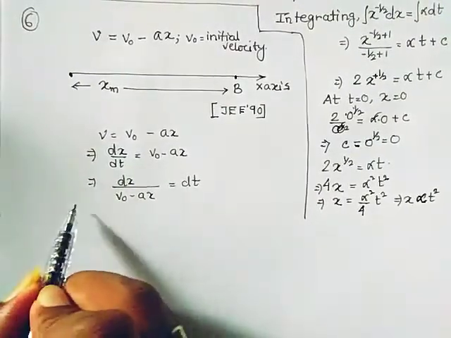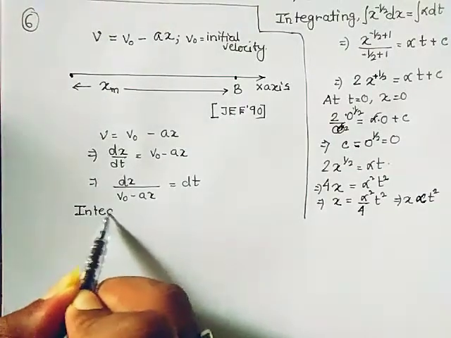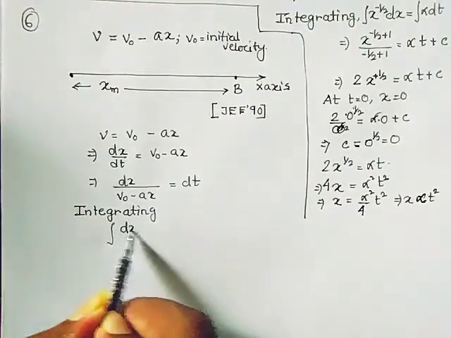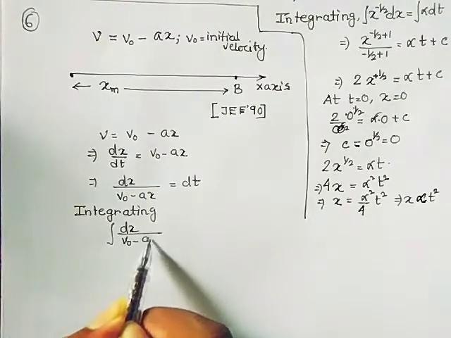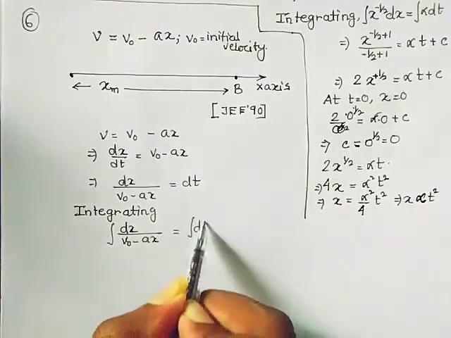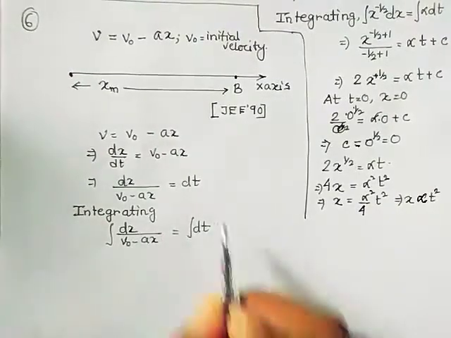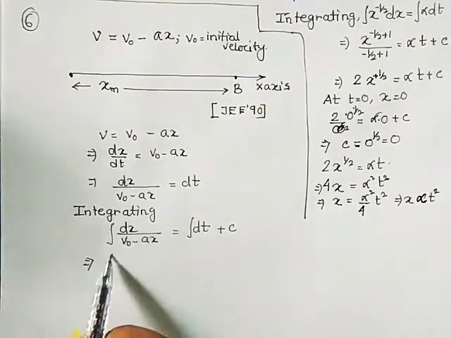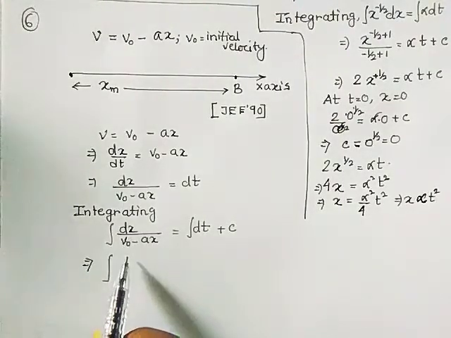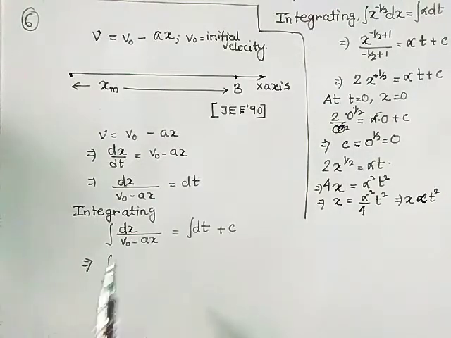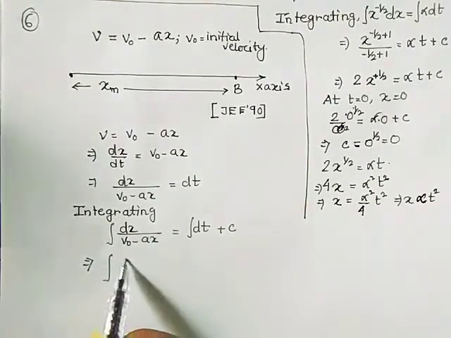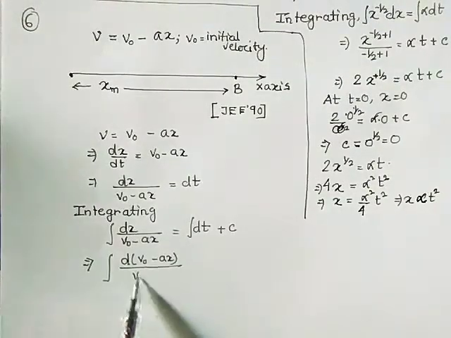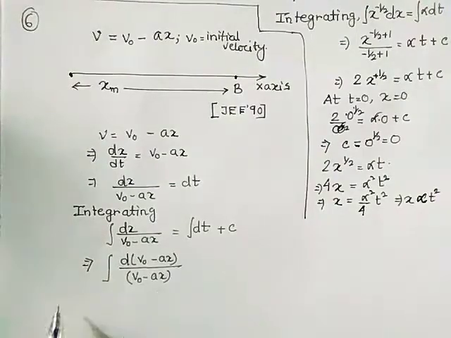Now integrating both sides, we get the integration of dx over v naught minus ax equal to the integration of dt plus the integration constant. Since v naught is the initial velocity, it is the velocity at x equal to 0 initially, or t equal to 0.